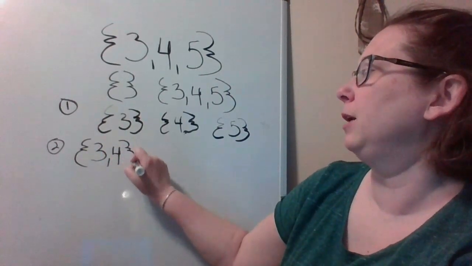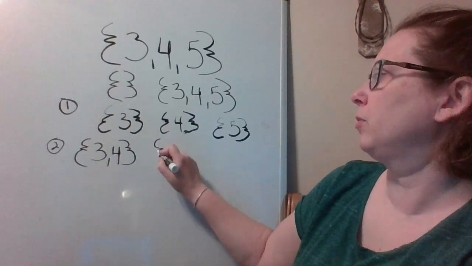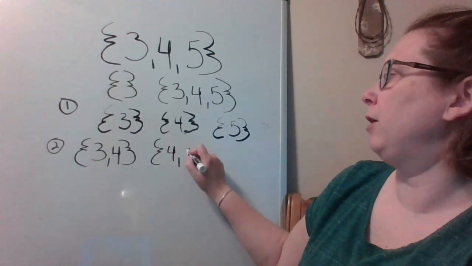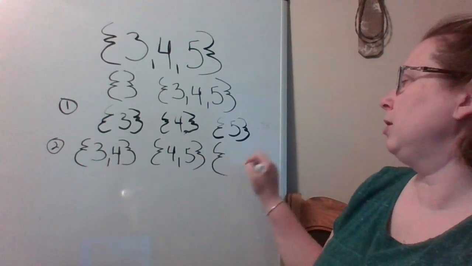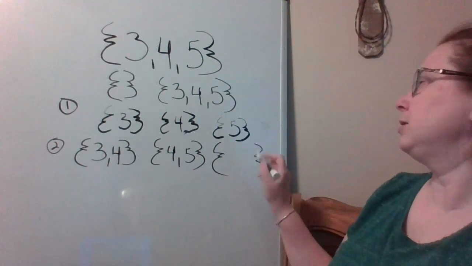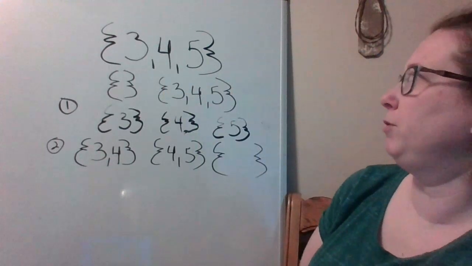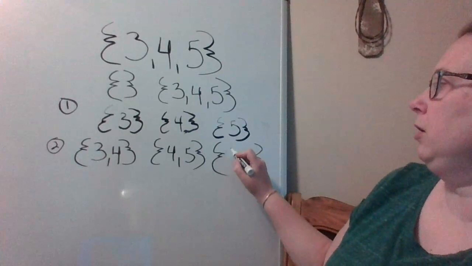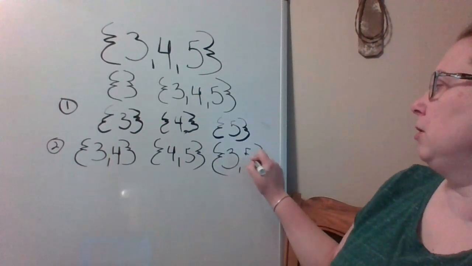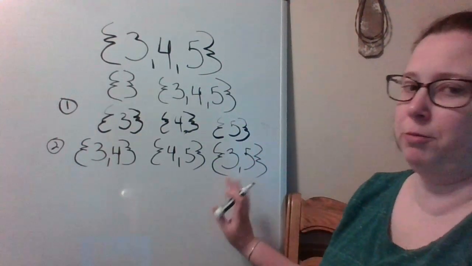So we're going to say 3 and 4, 4 and 5, and there's one more. Take a second, think about it, see if you can decide what it would be. So hopefully you came up with 3, 5.